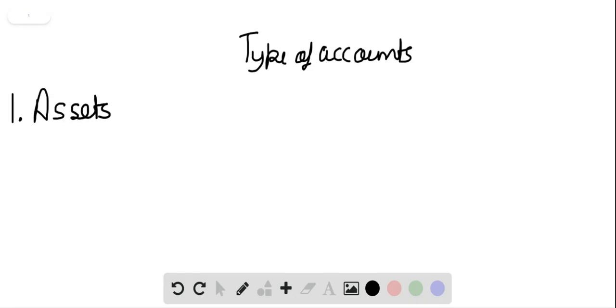Assets, expenses. So I'm writing down the accounts which have similar balances together.